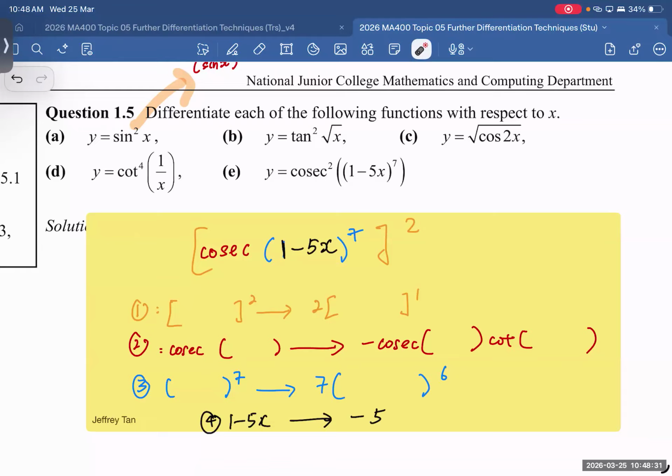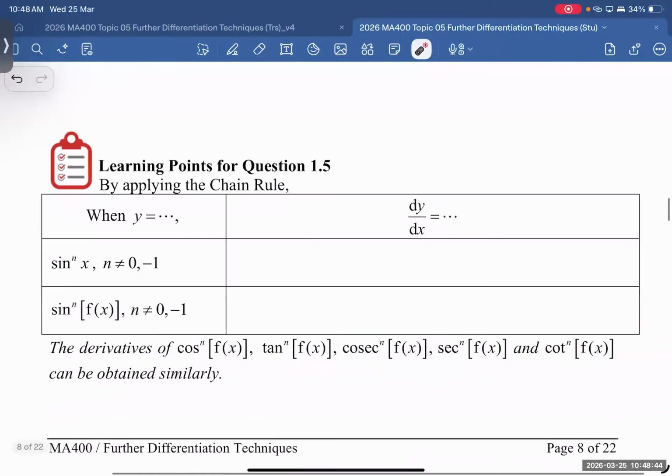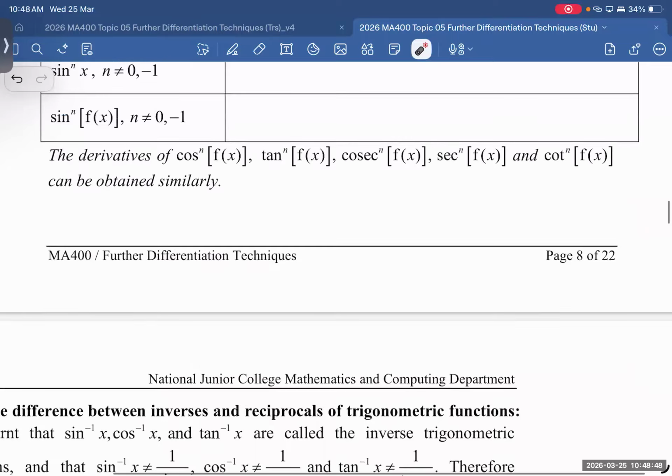Normal differentiation, normal equation. 1.7. I go through 1.7. Let me write out this one first.